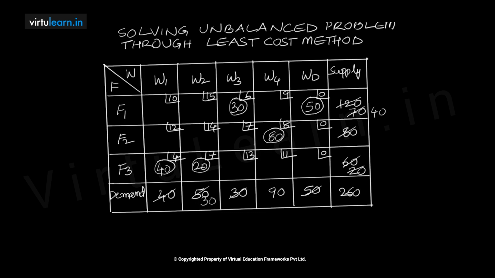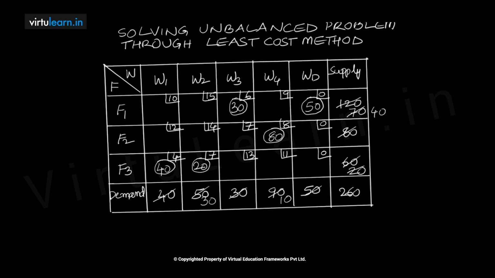Anyhow, this is satisfied. Then F2 we cannot make allocation, F3 we cannot make allocation, and only in W2 can we make allocation. In W2 we require 30 units and in W4 we require 10 more units, because out of 90, 80 are already allocated.